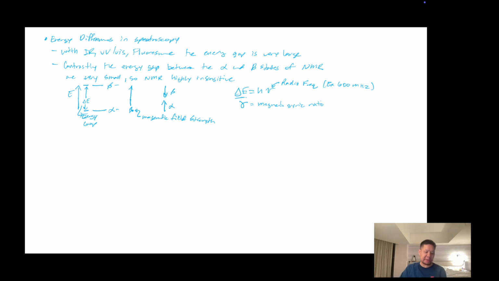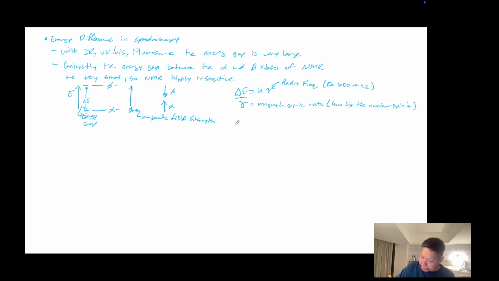Although sometimes you'll hear me call it the gyromagnetic ratio, I've heard it said both ways, but magneto-gyric ratio is probably more common, right? And basically this is how big the nuclear spin is. How big is the nuclear spin, right?